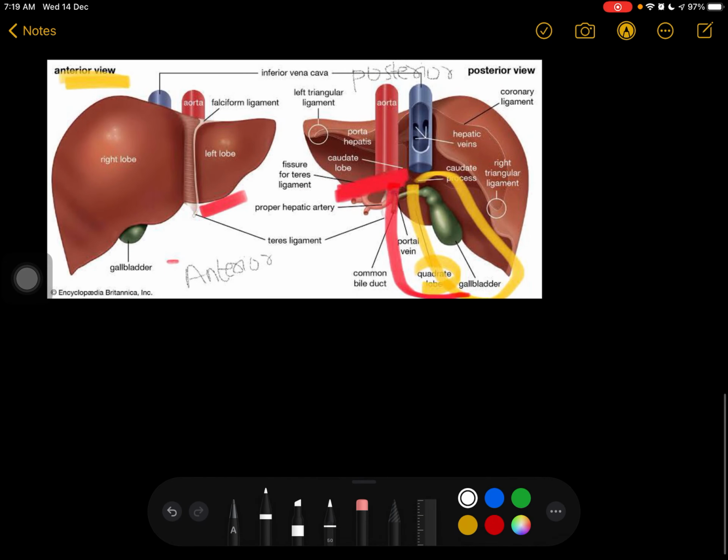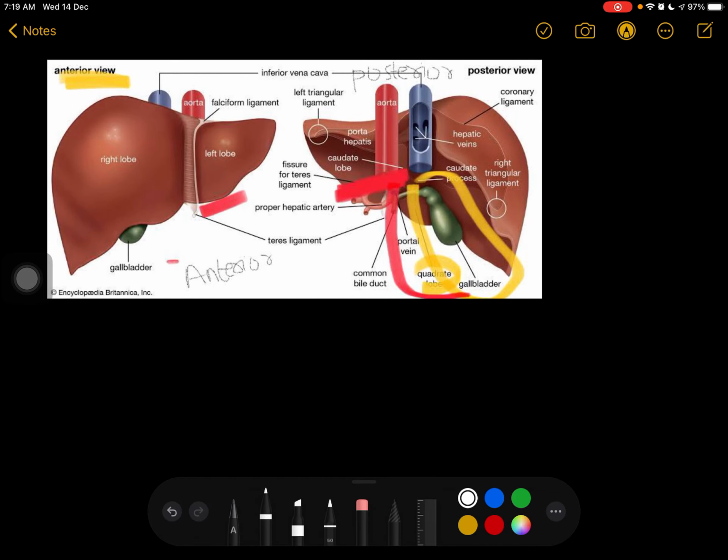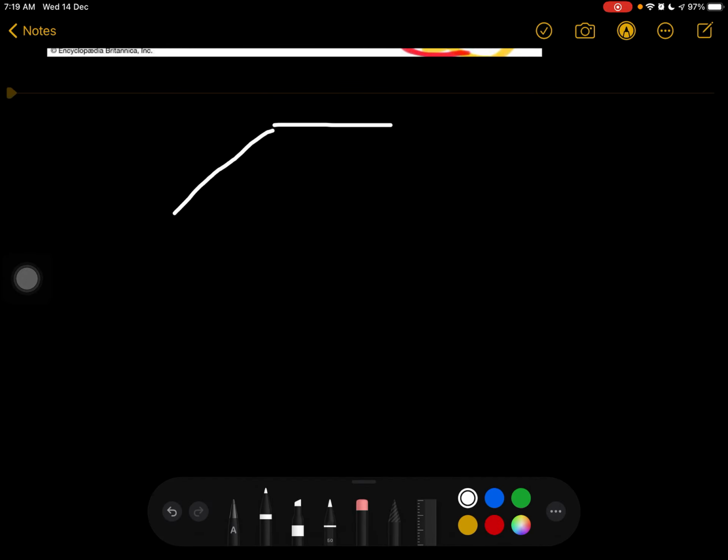Now let's discuss the internal structure of a lobe, like how a lobe actually looks like, right? So let me draw it basically. Okay, so here we are having something like this.